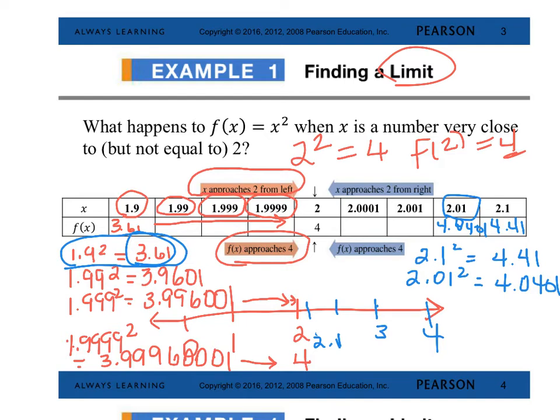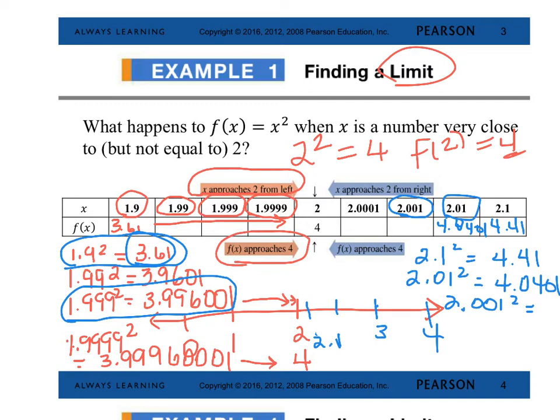Now, again, moving a little closer, we can try 2 1/1000th, which is, again, only 1/1000th more than 2. Just like here, we were only 1/1000th less than 2.